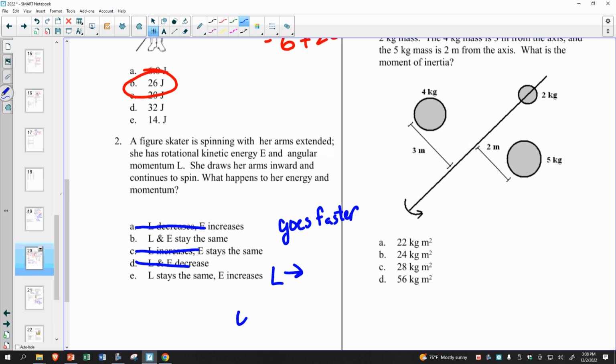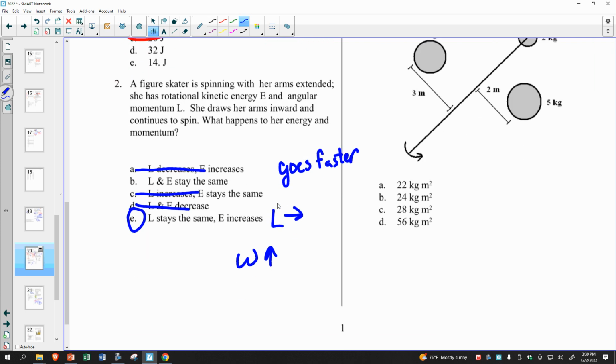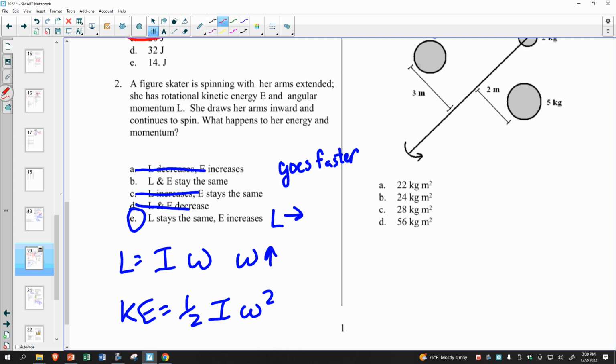Because she goes faster, because omega goes up, that means that her energy will increase. We had this question in a concept test, if you recall. L is equal to I omega, and kinetic energy is equal to 1/2 I omega squared. So when she brings her arms in, her moment of inertia decreases, by a factor of 1/2, say for example.